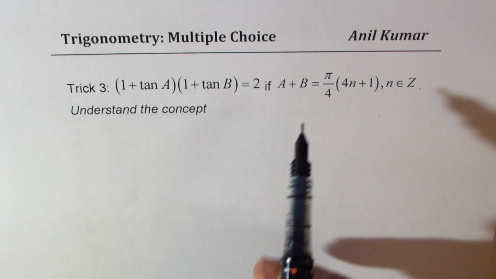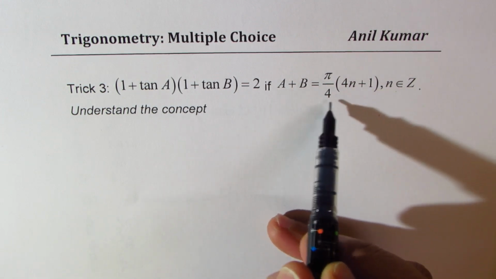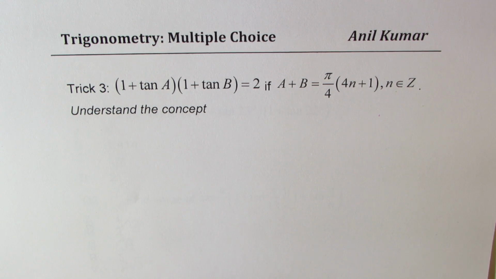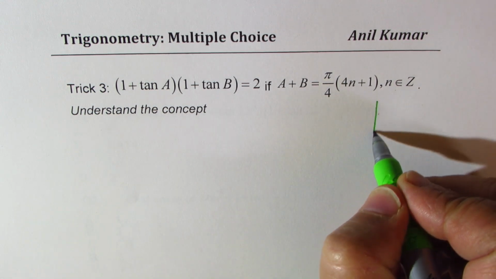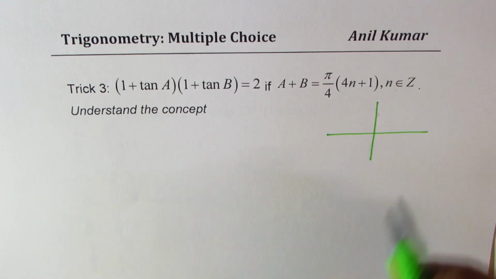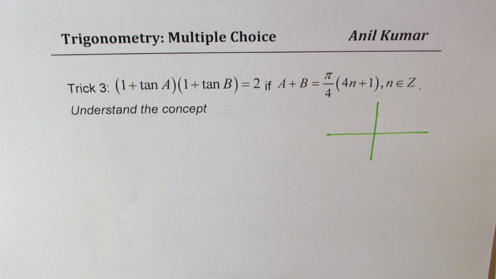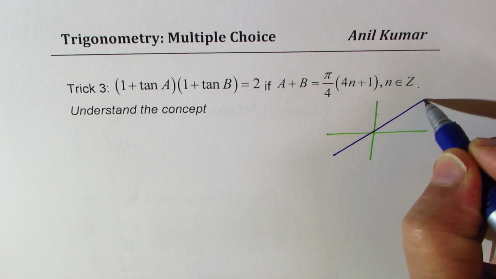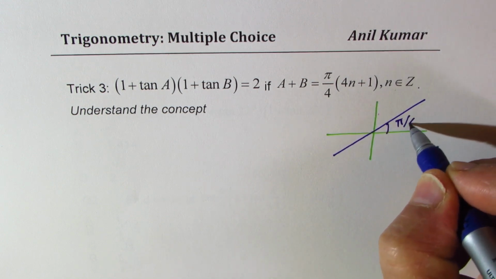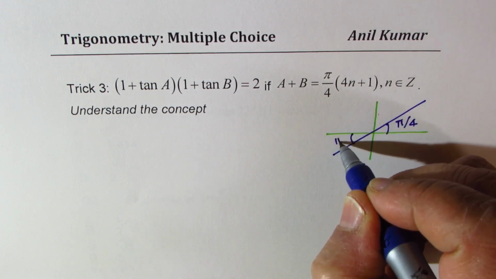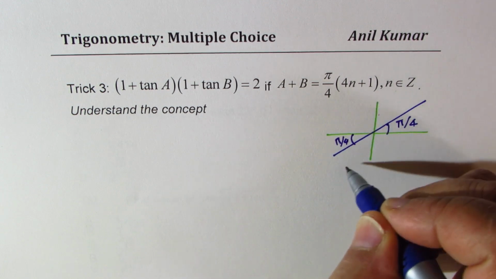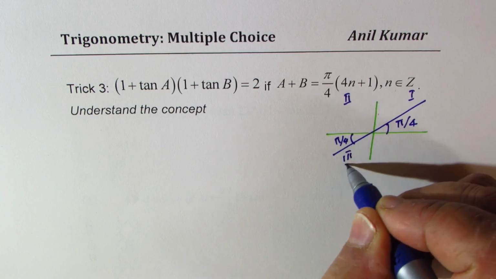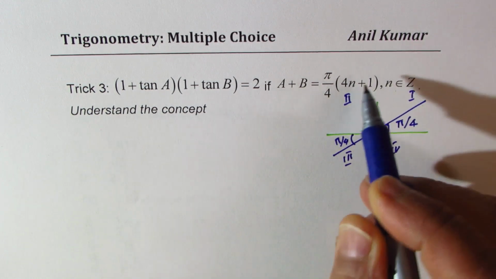We are given here that A + B is a multiple of π/4, and that too such that you land up in quadrant 1 or quadrant 3. So tan is positive in both. So if I have this acute angle of π/4 here or there, we know in quadrant 1 and quadrant 3 tan is positive, right?